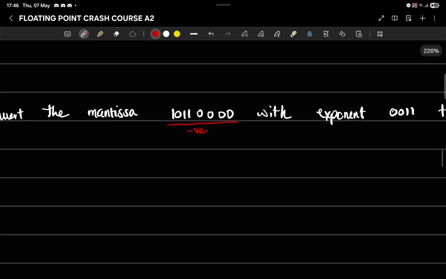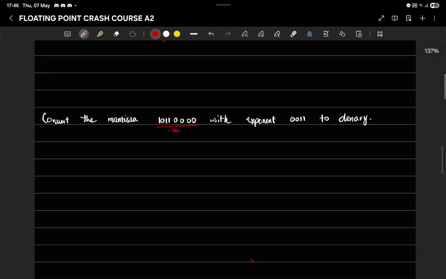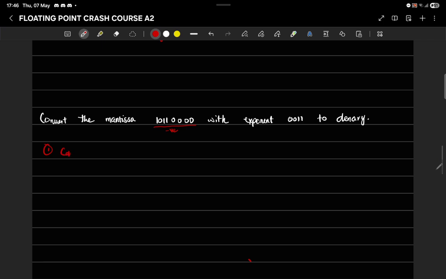So we first convert the exponent as usual. That is 3. So we have to do a logical right shift 3 places.